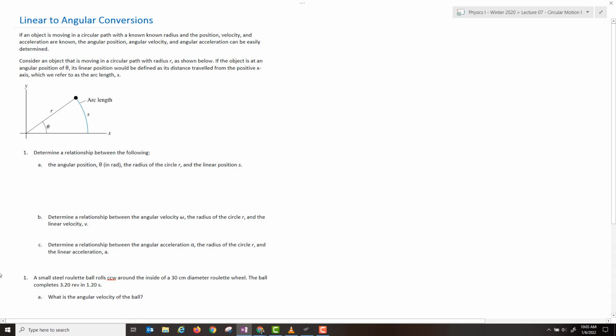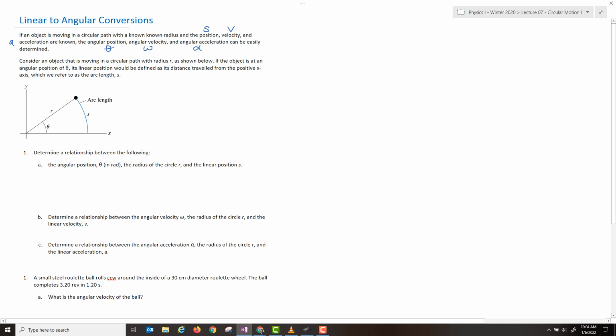If you know the linear position, s, the velocity, v, and the acceleration, a, then we could easily get the angular position, theta, the angular velocity, omega, and the angular acceleration, alpha, just from a simple formula.